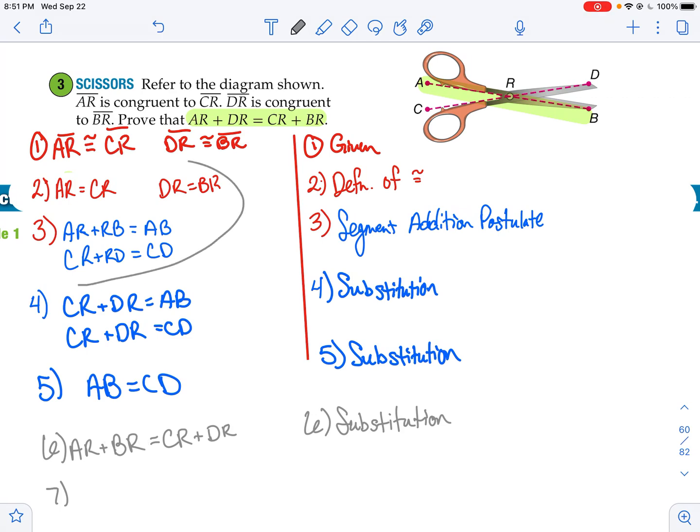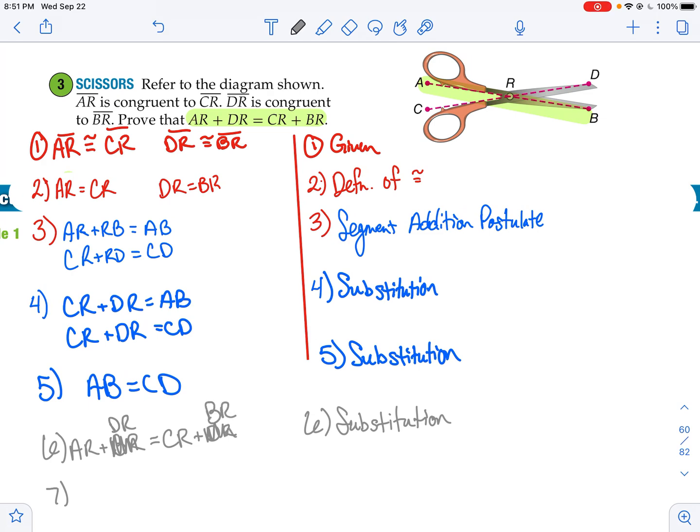Okay, so I'm going to have to go back to steps 2 and 3 again. And what do I find but AR equals CR? And DR equals BR. Well, this doesn't really help me right now, but if DR equals BR, then this can become what I want. It can become DR. And this can become what I want.